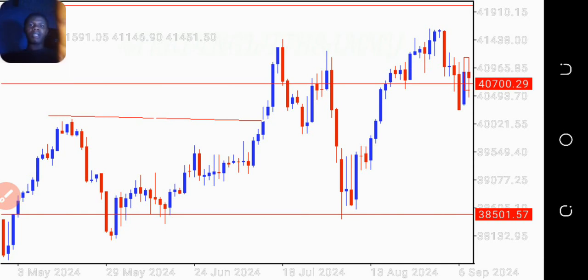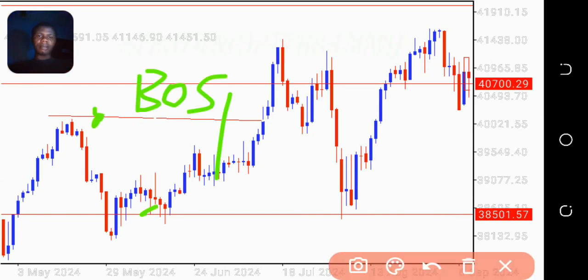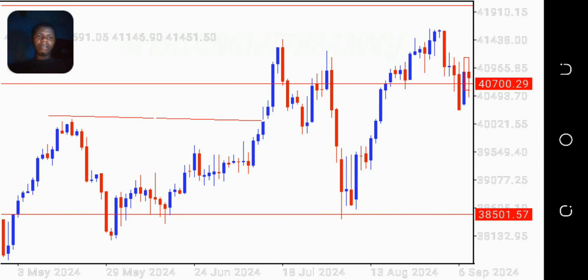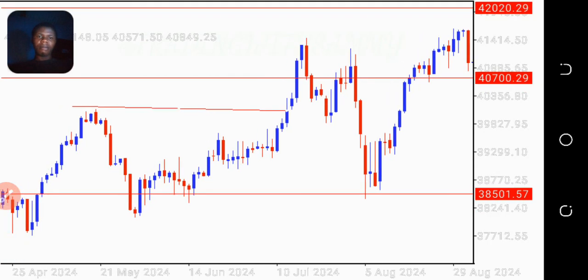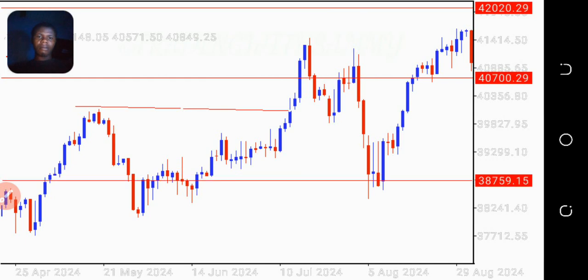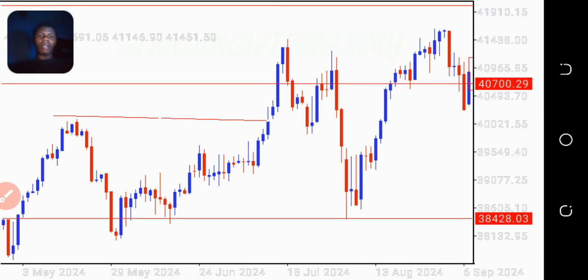So what we are expecting price to do is to actually come back down to this order block here, so we can take price to the upside. Now what happened?